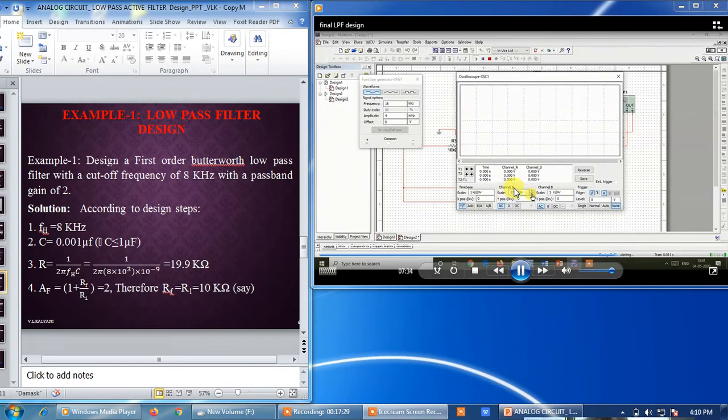In the CRO there are two channels, channel A and channel B. So here you can increase the scale and see the output, just after increasing the frequency.